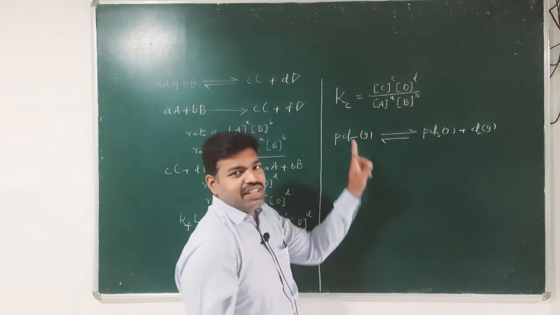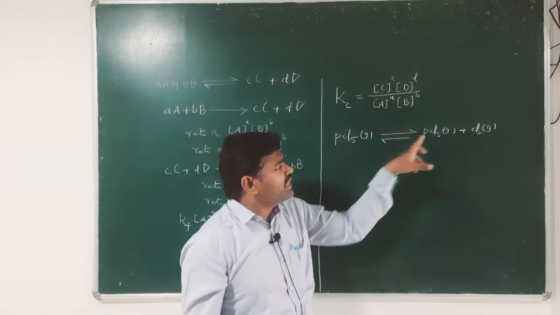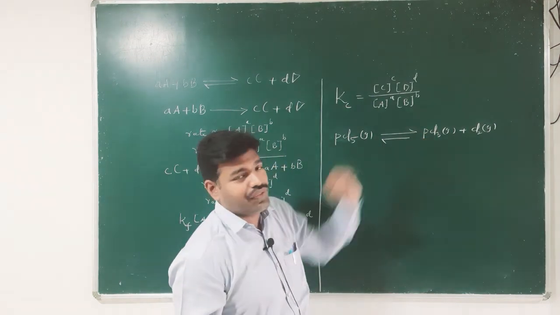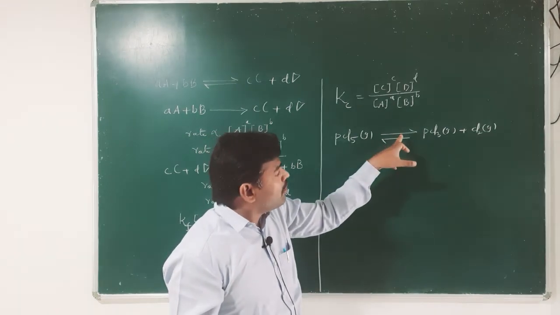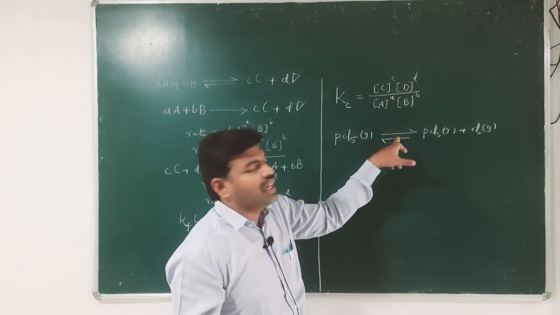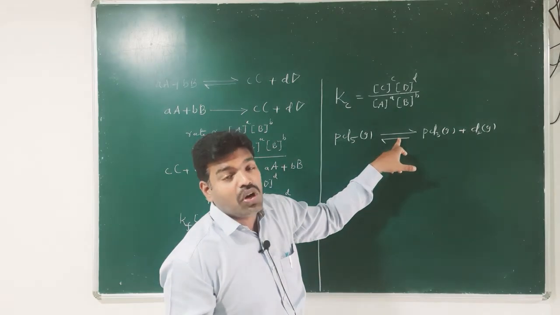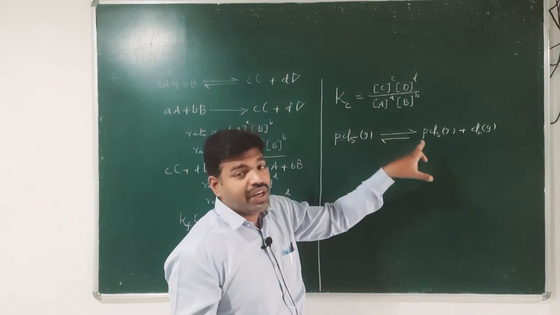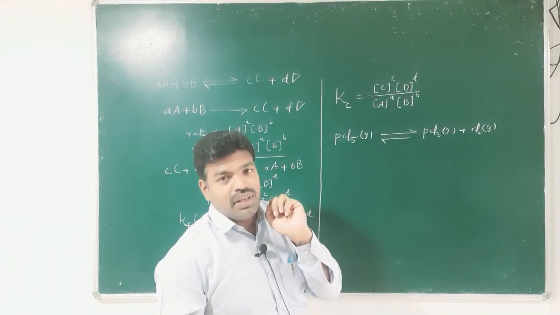This is a gaseous reaction because all the reactants and products are in the gaseous phase, and we can say that the equilibrium established in this reversible reaction is called homogeneous equilibrium, because all the reactants and products are in the same phase.